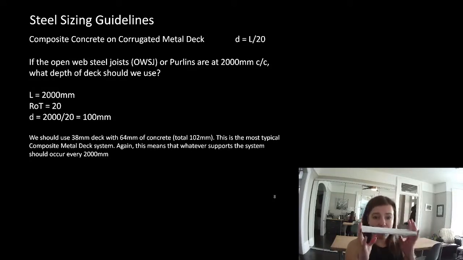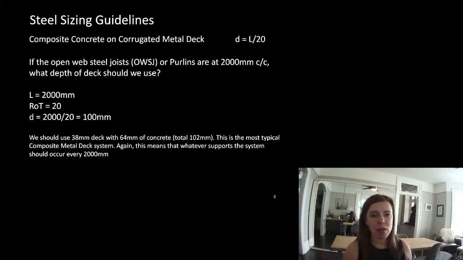Metal deck by itself is usually used in lightly loaded applications. So a roof, maybe in an interior residential setting with plywood on top of it, but normally it's a roof. That means it's got relatively light loads on it. Concrete on metal deck, we will often use in 4.8 kPa loading assemblies, meaning these sizing guidelines know that we're talking about using these things in different loading situations.